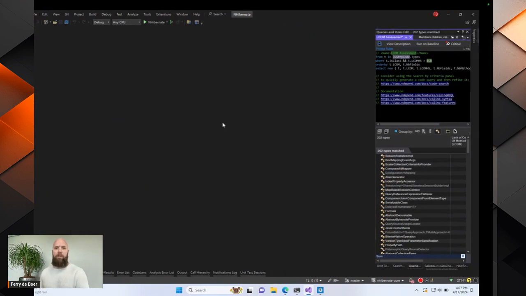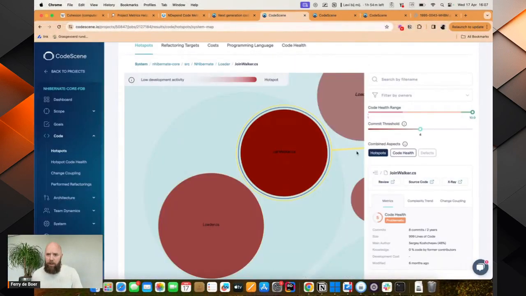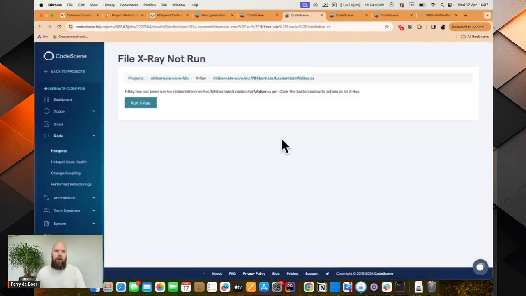I think let's just look at whether it does in the Cohesion X-ray, because the X-ray is actually going a bit more in depth.